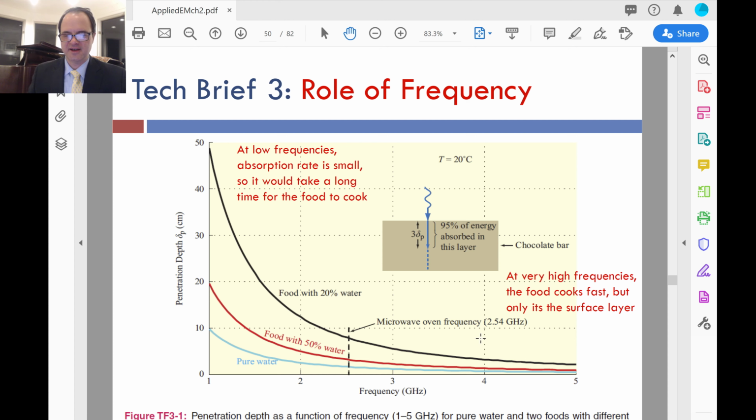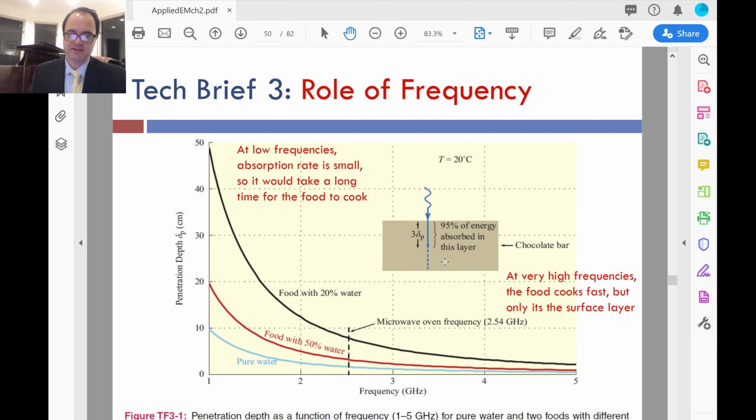But somewhere, somehow, somebody realized that this would be great as a kitchen appliance, but only at a particular frequency, or range of frequencies. Because if the frequency is too high, all the microwaves will be absorbed in the surface of the food and char that, but it won't cook the inside.